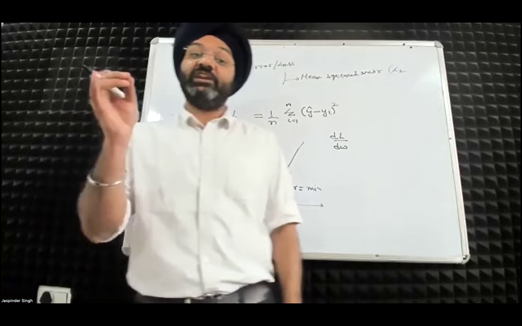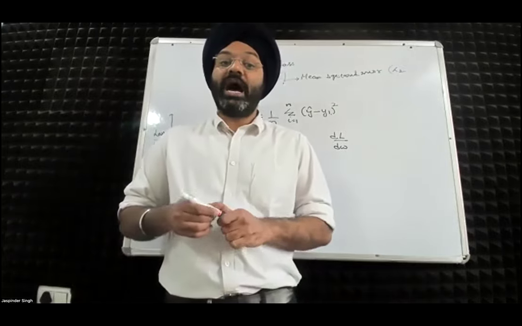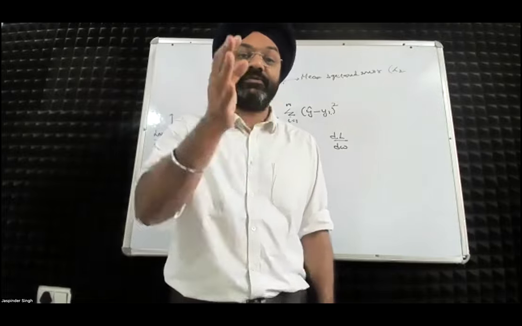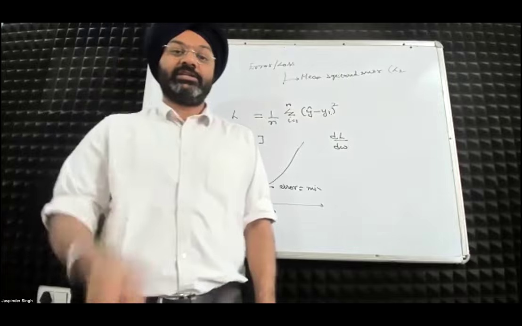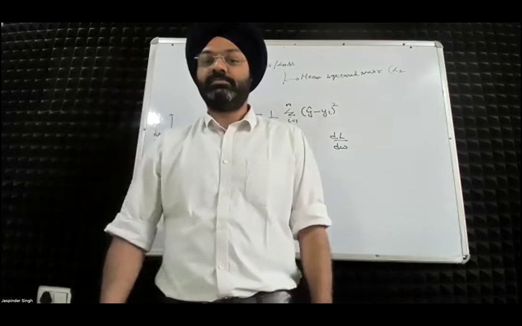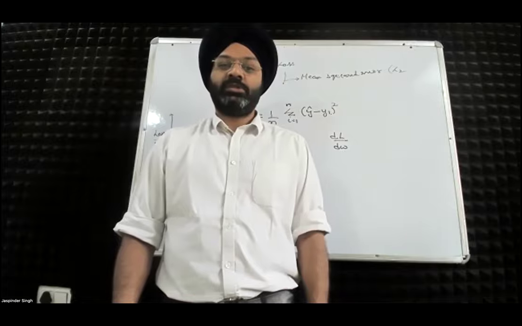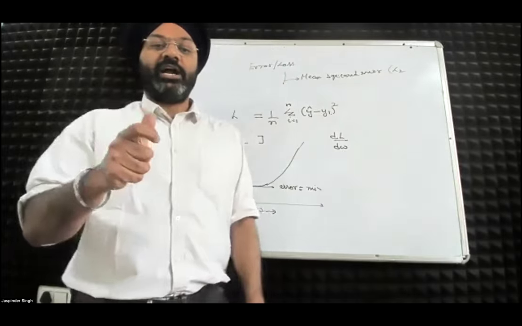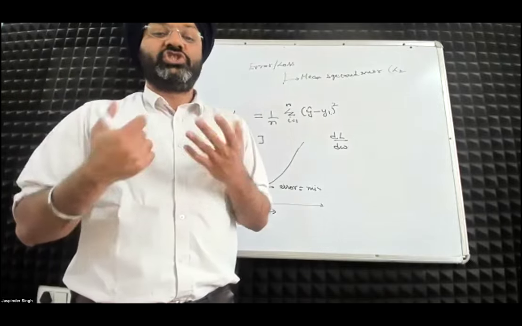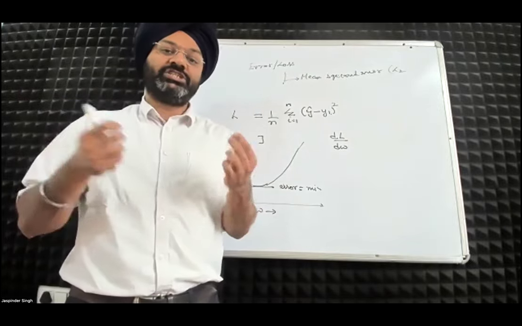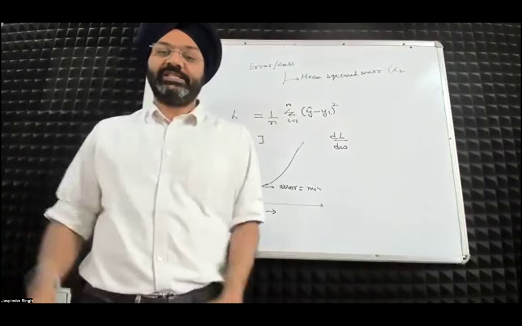This gives me information on how I should be increasing or decreasing my weights, in which direction and in which magnitude. That is the advantage of calculus. It basically gives me the slope of the loss function, which is changing according to the weights.